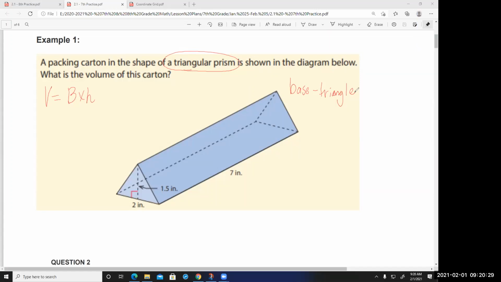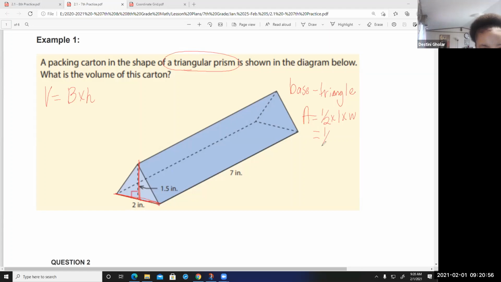Length times width divided by 2. All right, 1/2 times length times the width. That'll work. All right, so looking at that triangle, what is the base of it? What's the height? The base is 2, the height is 1.5.